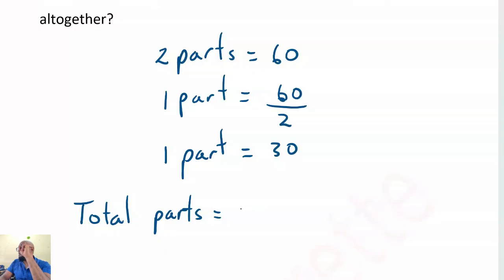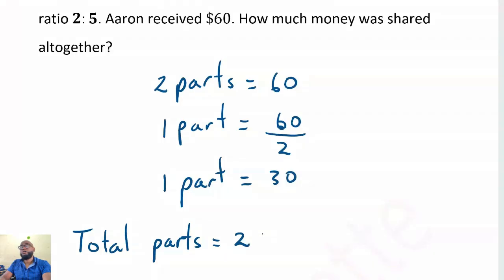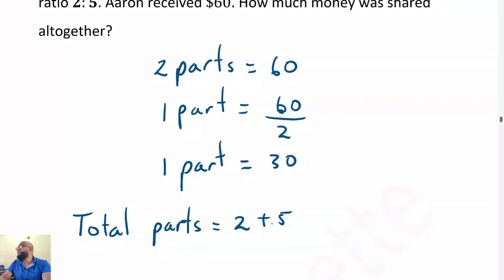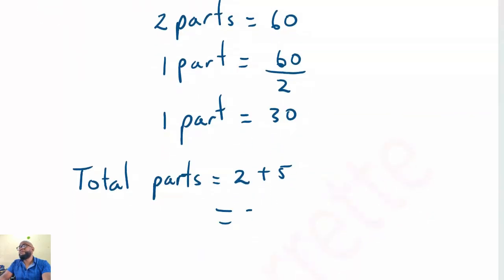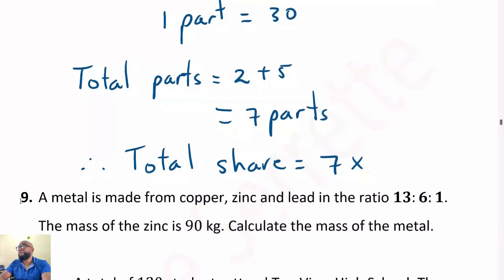It would be 2 plus 5, which is equal to 7 parts.